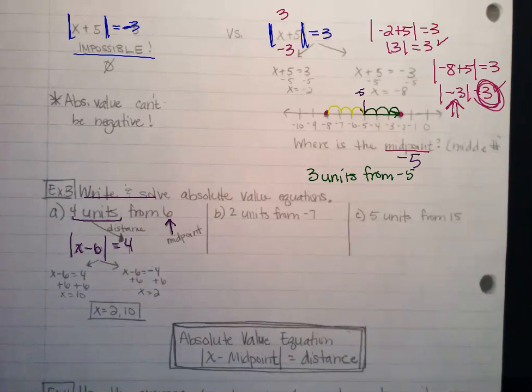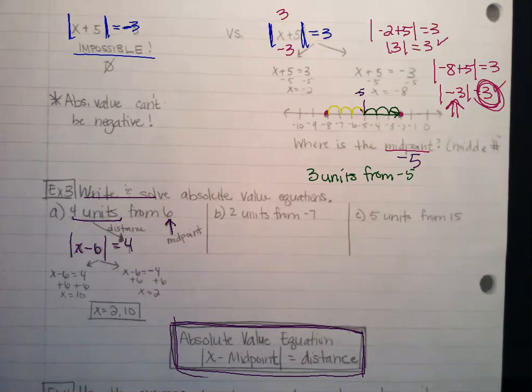So we're -6 from the origin, and then 4 is the distance, how far we can go. If we solve it, we split it at that point. So x minus 6 is equal to 4, or x minus 6 is equal to -4. We add 6 and we get 10. We add 6 on this side, we get 2. So our x is equal to 2 and 10. This formula might help you: we're taking x minus the midpoint, and it's going to equal our distance.